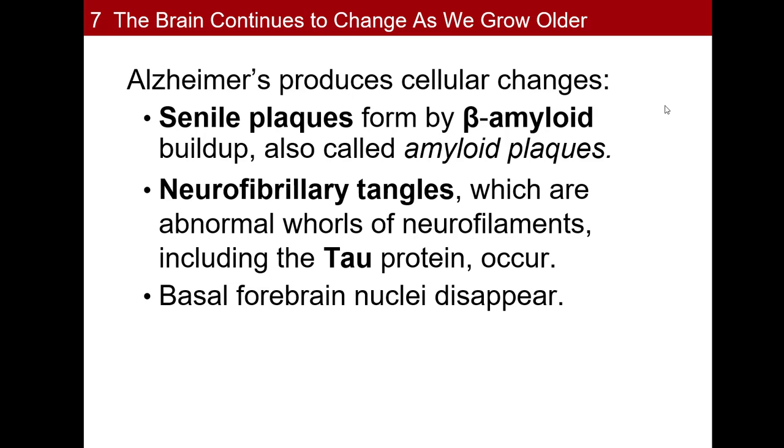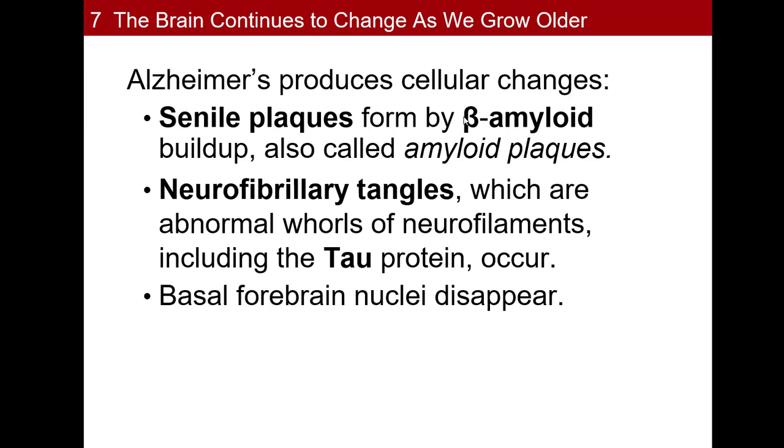So with Alzheimer's, what we found is that you tend to find senile plaques and neurofibrillary tangles. It was thought for a while that these were the cause of Alzheimer's disease. With the senile plaques, we're going to talk a little more about this coming up.